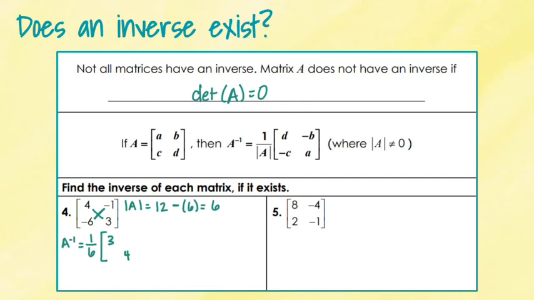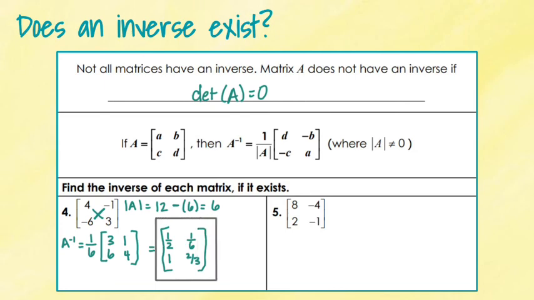So this was a -1, it's going to be a positive 1. This was a -6, it's going to be a positive 6. And then we just do scalar multiplication. So 3 times 1/6 is 1/2. 1 times 1/6 is 1/6. 6 times 1/6 is 1, and 4 times 1/6 is 2/3. And this is our inverse.